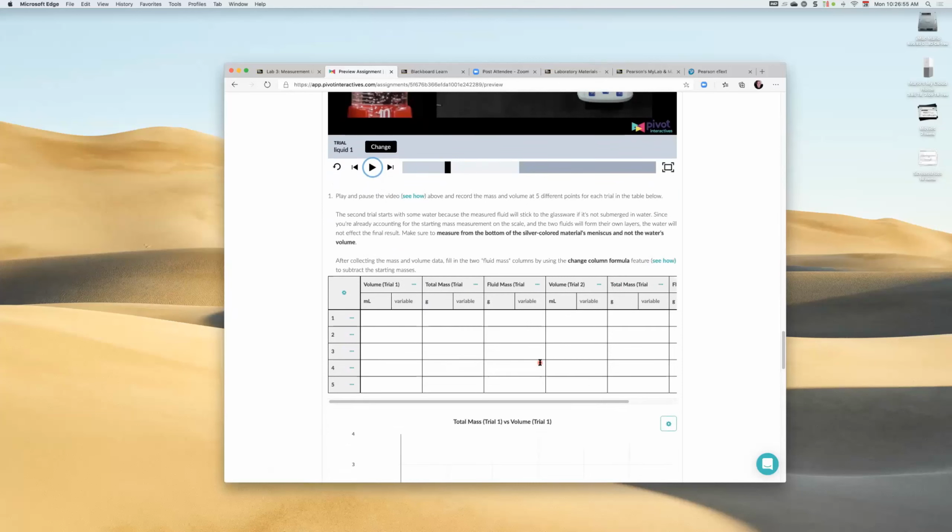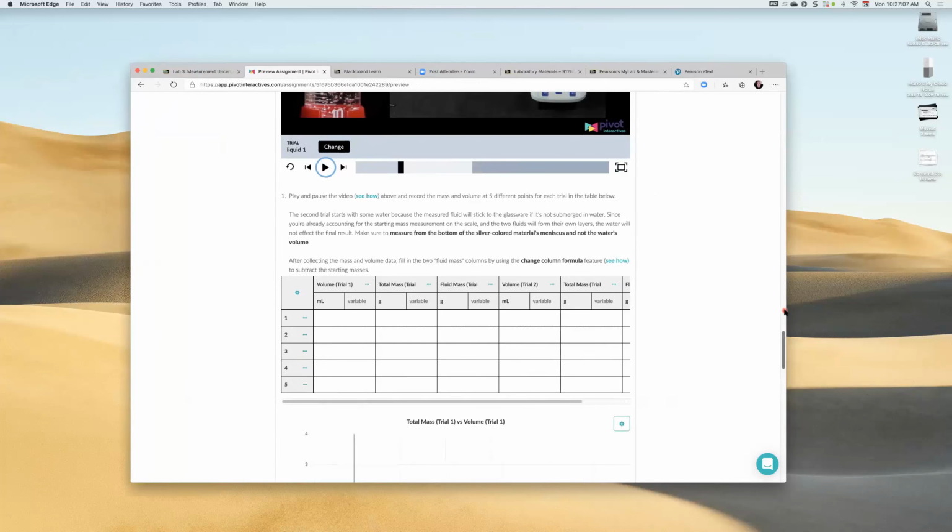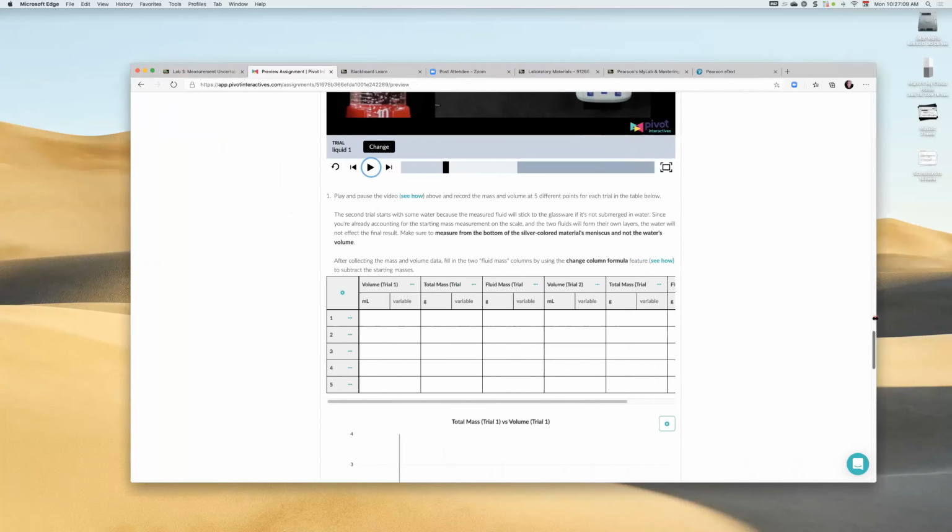There's a table, trial, volume 2, trial. I'm trying to understand. Oh, it doesn't fit. So play and pause the video, and record the mass and volume at 5 different points for each trial in the table below.